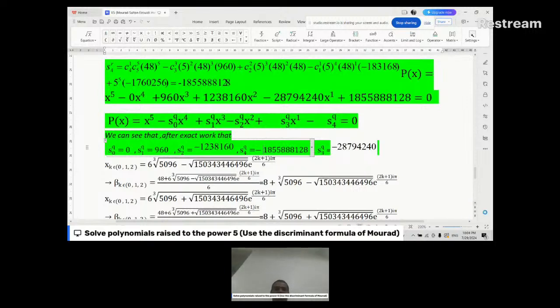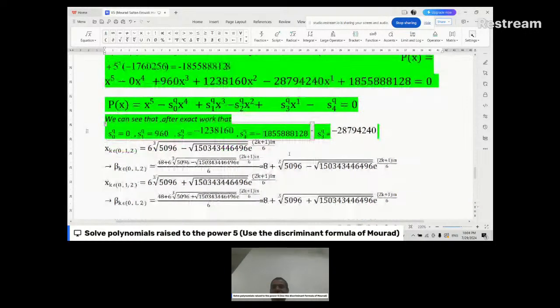So learners, the roots of this polynomial to the power 5, called the x roots, are xk for k from 0 to 2 equals 6 times cube root of 5096 plus 150,343 million 446,496, times exponential of (2k+1) i pi over 6.